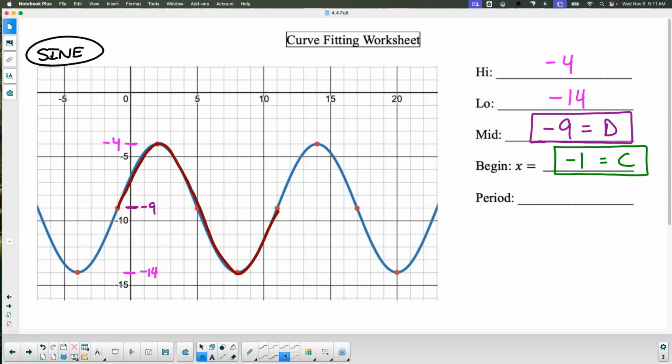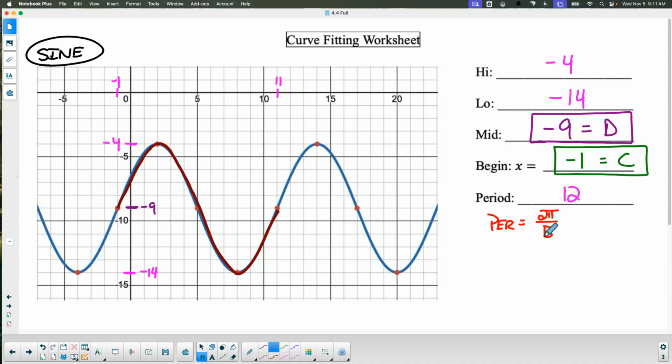Not 11. Count again. 12? Okay. Because I started here at -1, I ended here at 11. So that gives me a distance there, a period there of 12. So then I can figure out the period is equal to 2 pi over b.